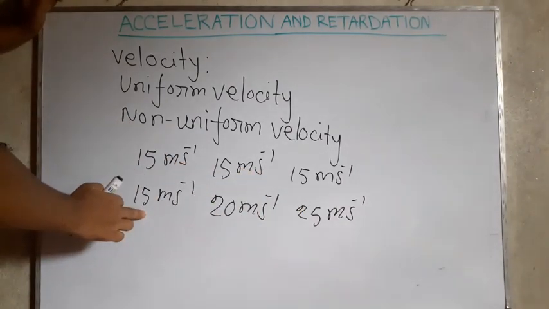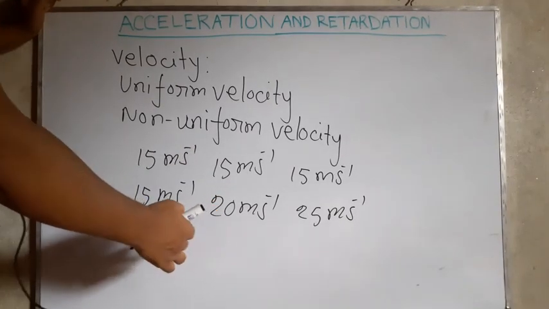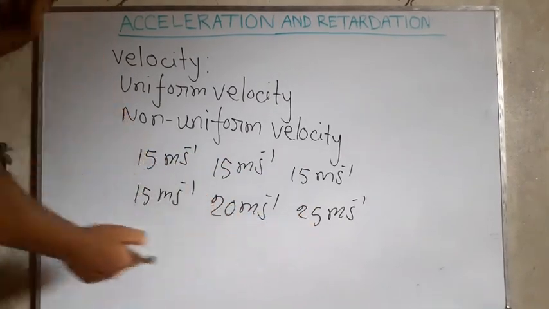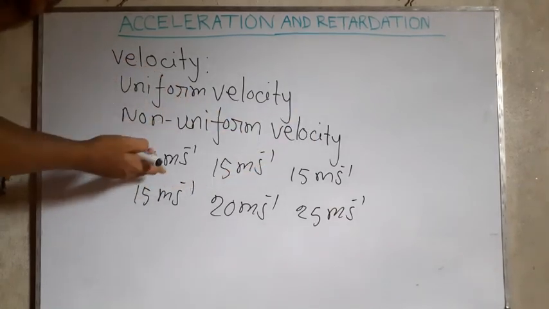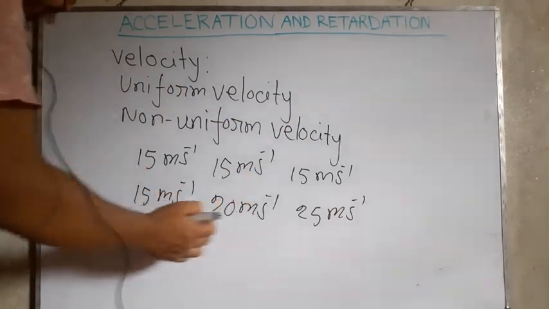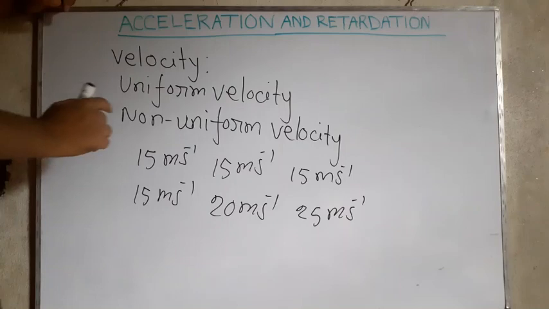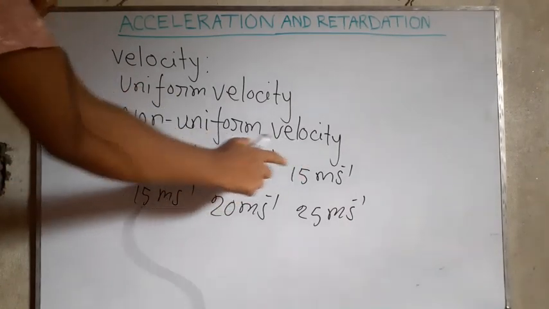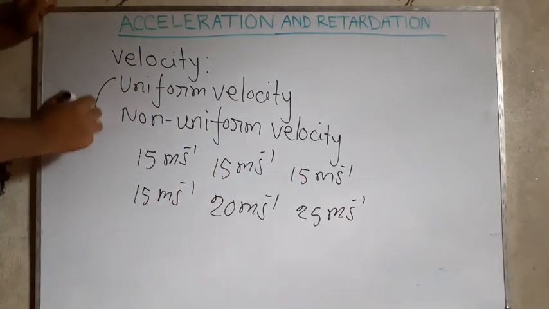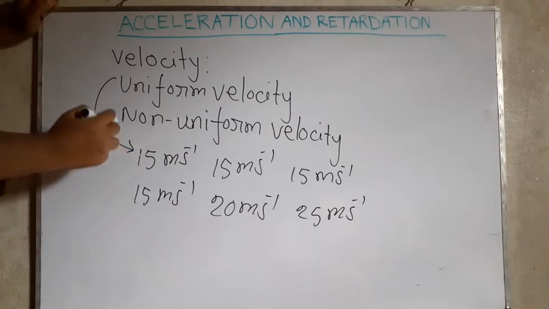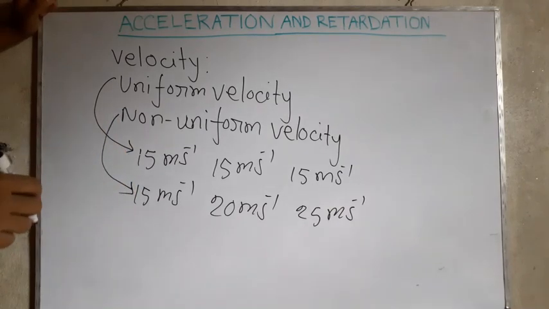In the first case, there is no change in velocity, but in this case, the velocity is changing. Therefore, this type of velocity is called uniform velocity, and this type of velocity is non-uniform velocity.